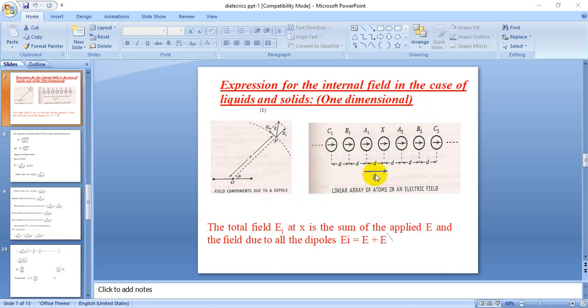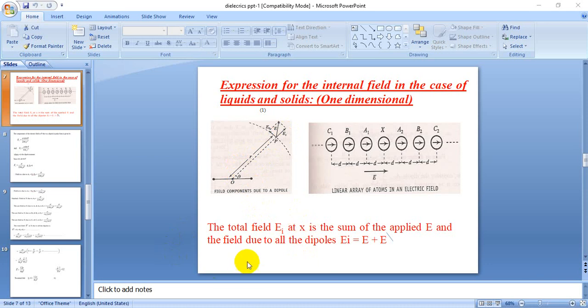The electric field can be divided into two parts because of polar coordinates. Here this is the center. From the center, the point P we have marked, and the electric field E has two different components: E theta and ER, kept at a distance small r and inclined at an angle theta. Now our aim is to find out the total field.